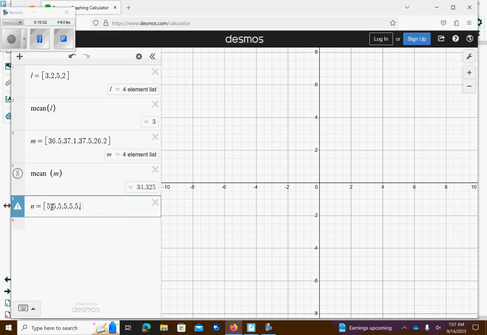And then agree, that's a score of 4, so I'm going to do 5 of them. 1, 2, 3, 4, 5. And then neutral is a 3, so I have 2 of those. Disagree is going to be a 2, so I have 3 of those. And strongly disagree is a 1. So you have 18 elements.